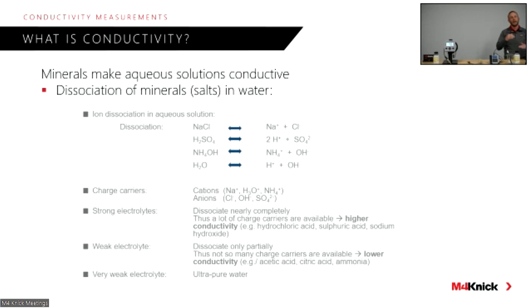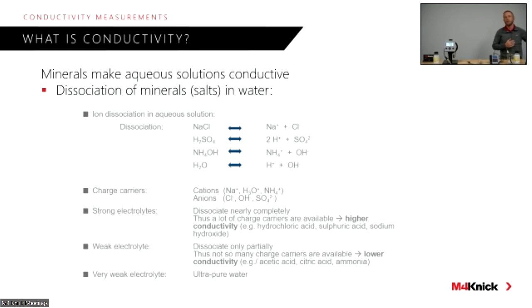In fact, it's a very low conductivity, or simply put, high resistivity. So throughout our plants, that's why we monitor conductivity in ultrapure water, because that water is often used to generate steam to turn a turbine. Obviously, salt mineral content in that water leads to corrosion, things of that nature.